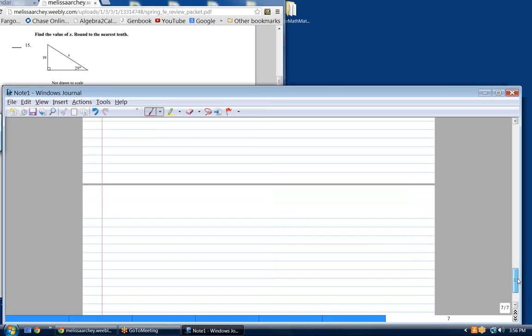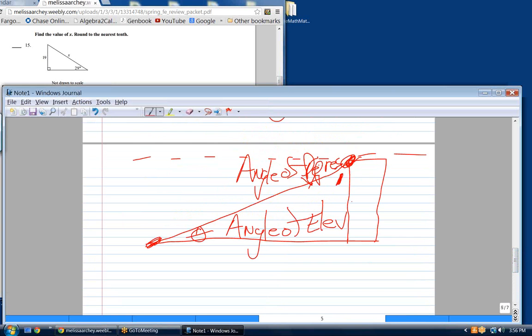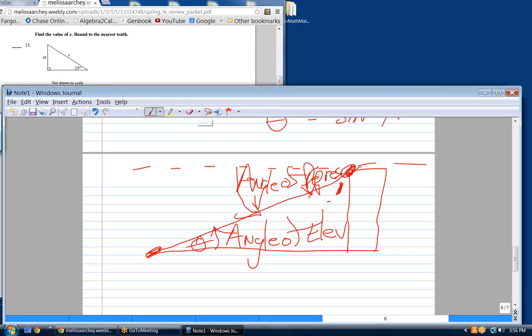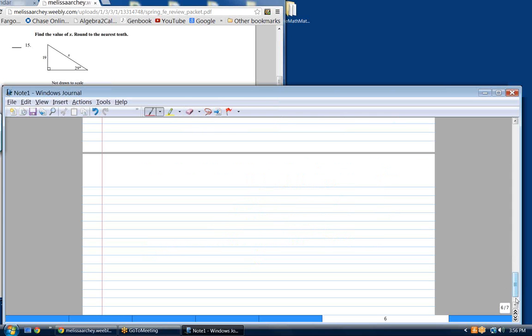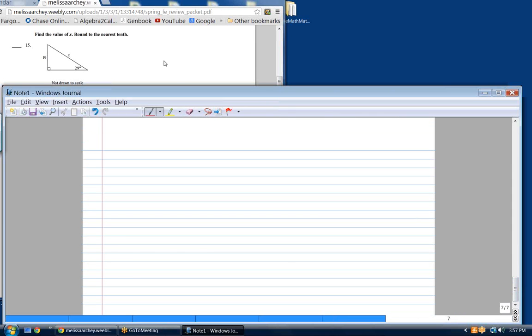We had the data to solve for the angle of elevation, but we knew it was the same thing based on parallel lines and transversals. So essentially it's the same problem.